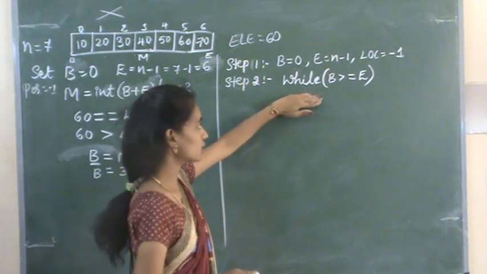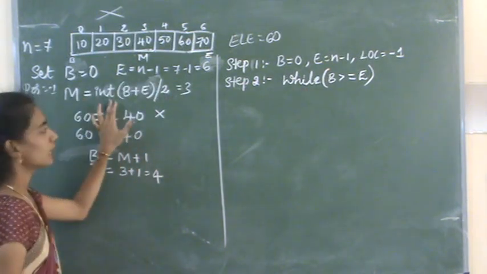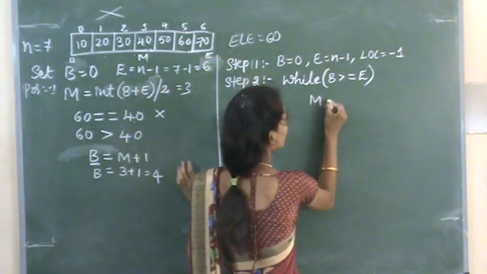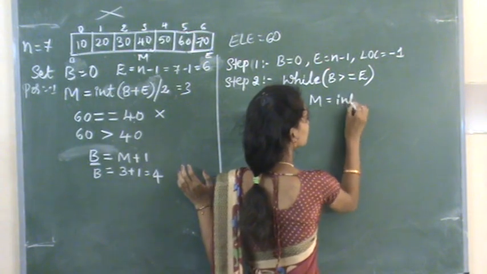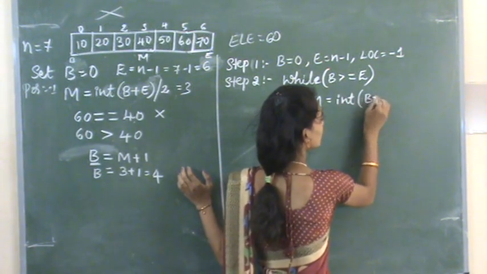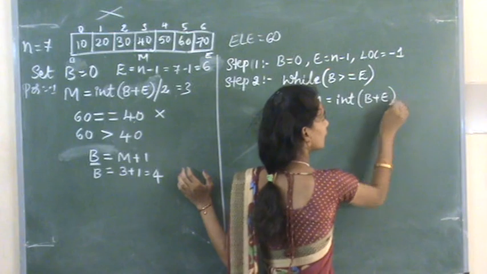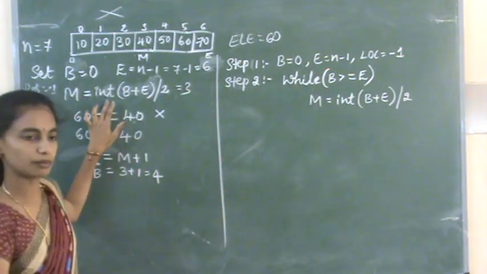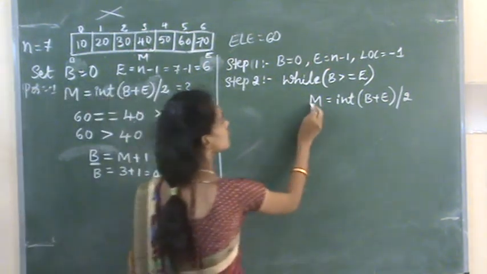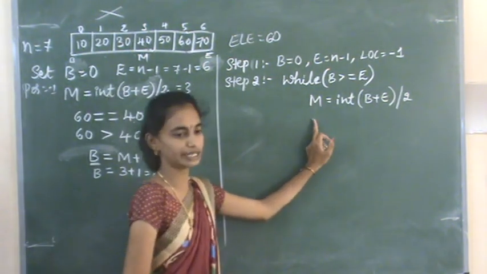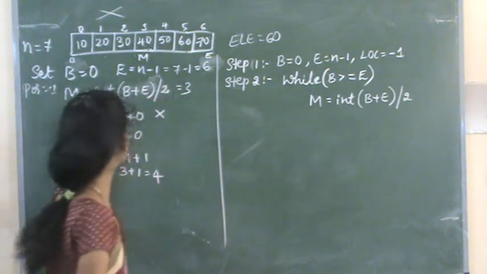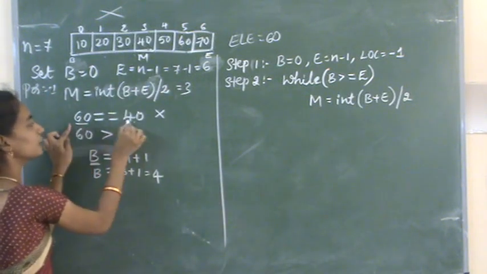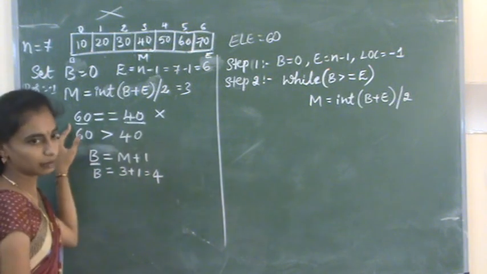Okay, so if the condition is true, we find the mid element, right? Mid is equal to int of (beginning plus end) divided by 2. So we perform this operation to find the middle of an array. After finding this middle, we compare the search element to the middle element, right?